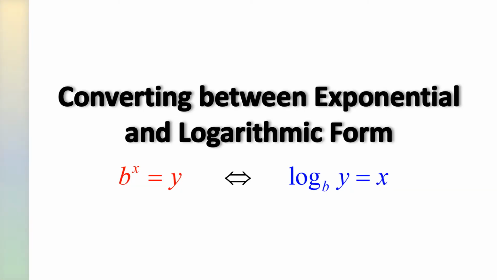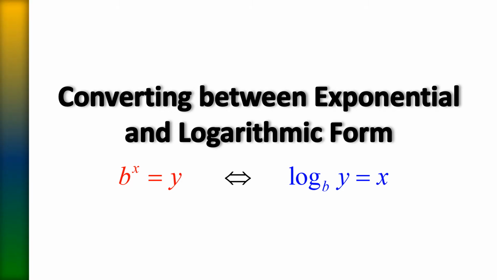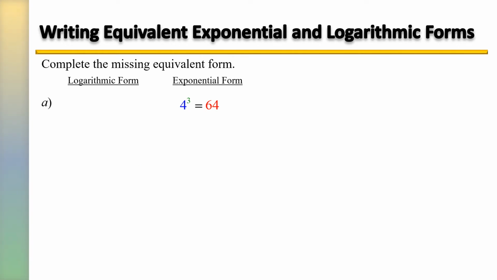Converting between exponential and logarithmic form. In this example, we're asked to complete the missing equivalent form. Here we're given an equation in exponential form, 4 cubed equals 64.